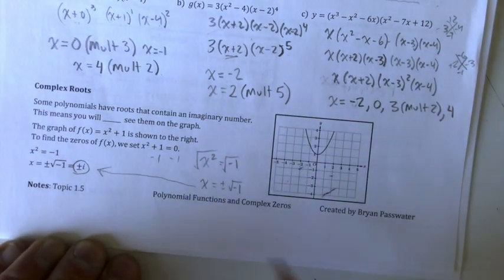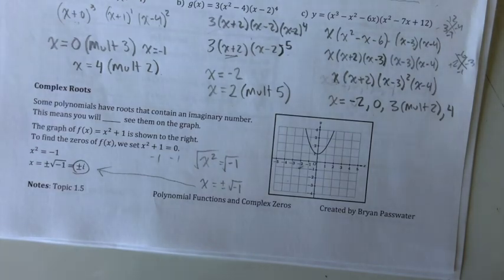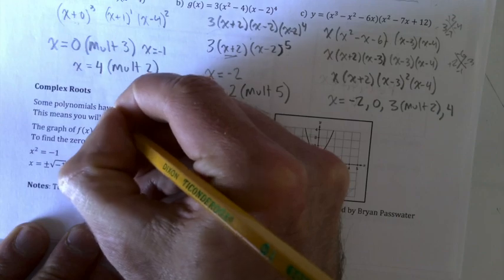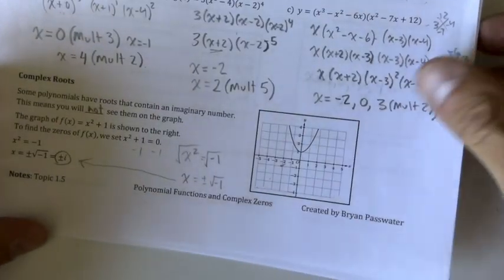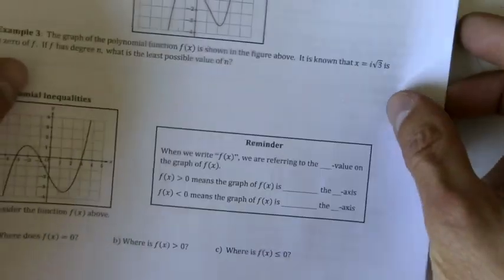So, what does that mean for the graph? Well, when you have an imaginary number, it means that you will not see those roots on the graph. So we will not be crossing the axis. Let's go ahead to the next page right here.